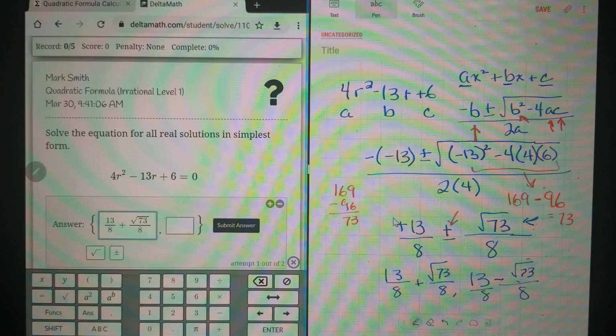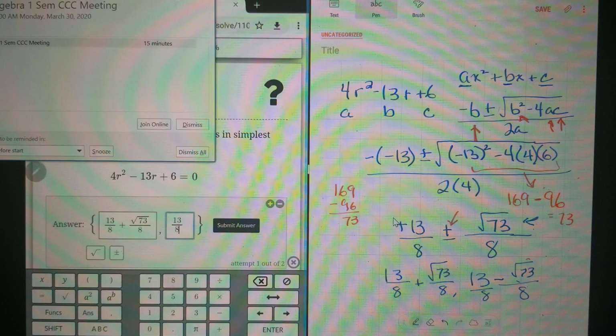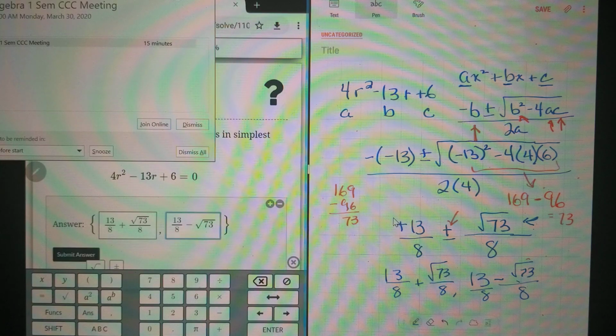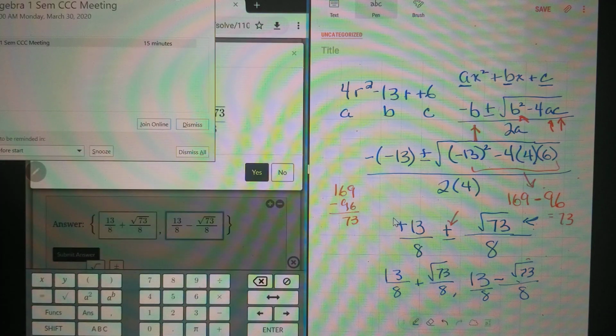So there's 1. And then our next one is 13 over 8, and subtract the same thing. So we're going to have the square root of 73, and divided by 8, and say submit answer.